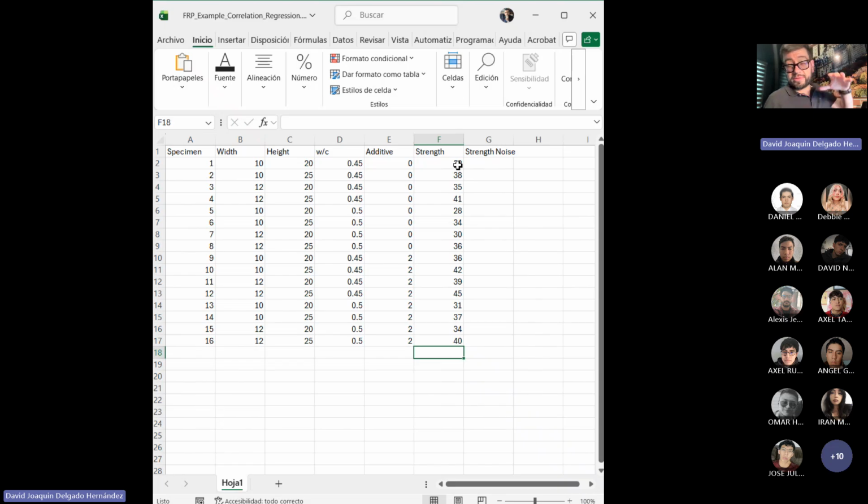When you put your specimen in the universal machine, then you start compressing this specimen, and this is the value that you are going to get.